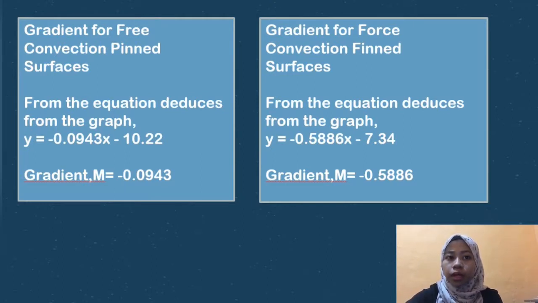So the gradient m equals negative 0.0943. So we move to next, gradient for forced convection pin surface. From the equation deduced from the graph, which is y equals negative 0.5886x minus 7.34, and the value of gradient is negative 0.5886.